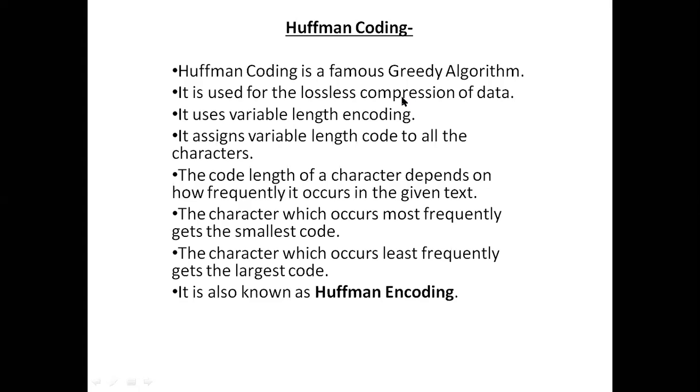So what does it mean? It means that whatever data we are sending is encrypted, and then the data is transferred over the internet. That encoding will be done using Huffman coding. In this Huffman coding, we are going to encrypt the data.